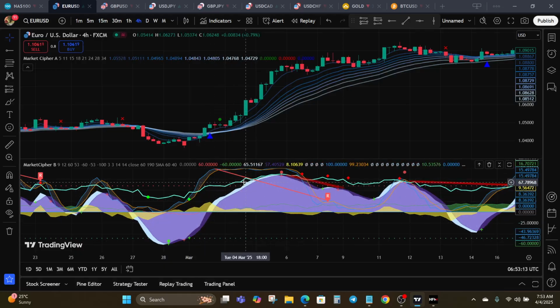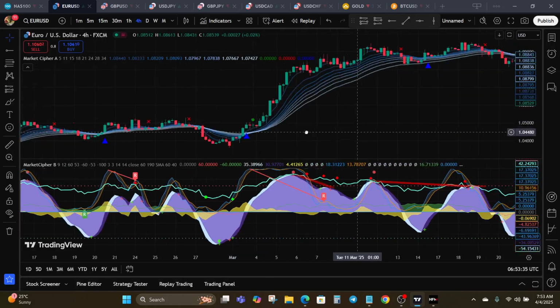Notice that it has crossed upward, and you notice this particular line trending upwards. It's a confirmation for a buy.